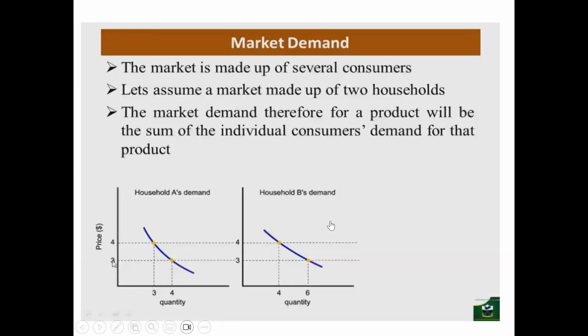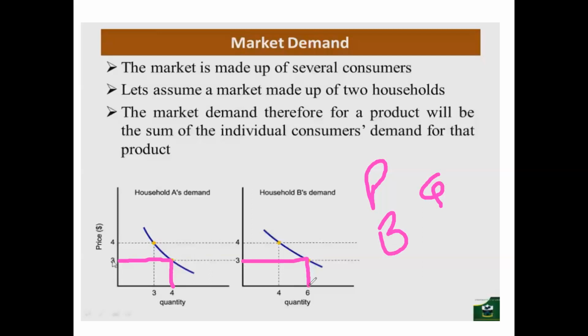So say for example, as explained in this video, when we consider how to calculate the market demand curve, by adding A's demand and B's demand, under the price of 3, A is demanding 4 units and B is demanding 6 units.